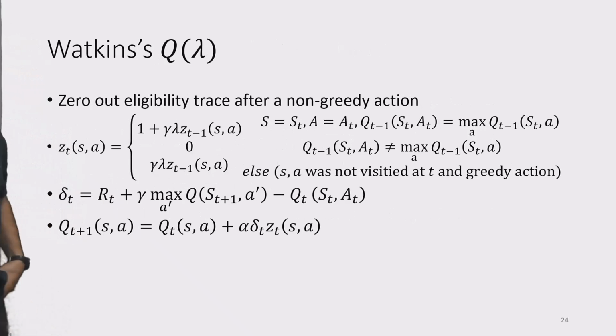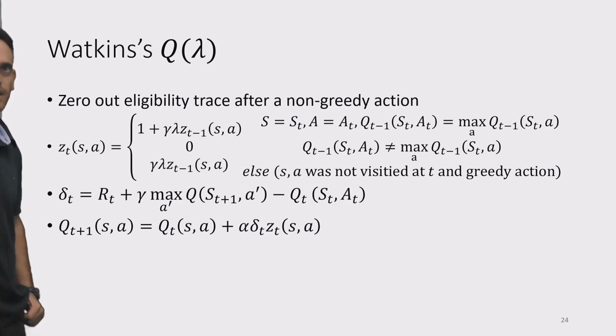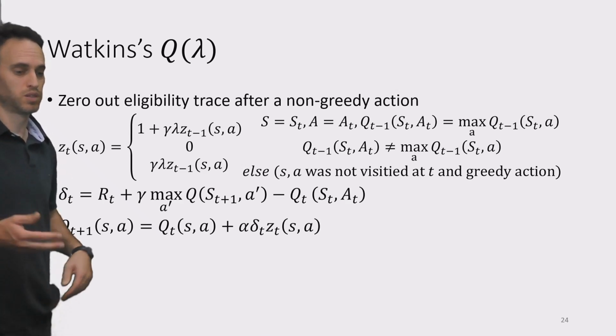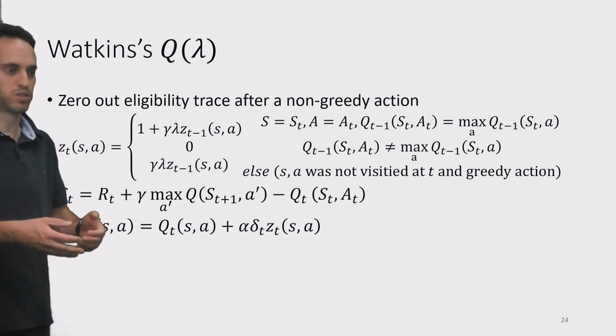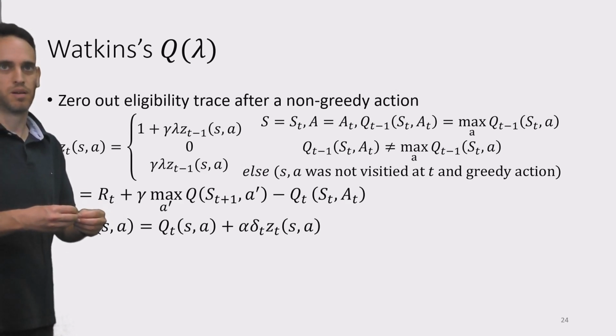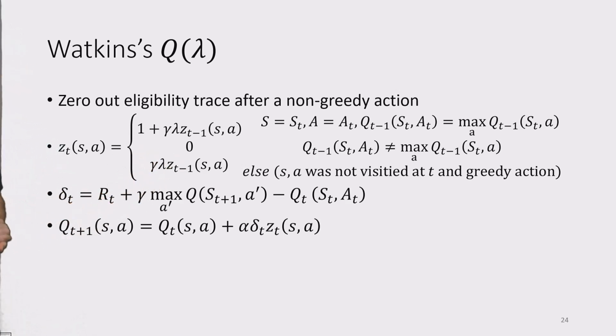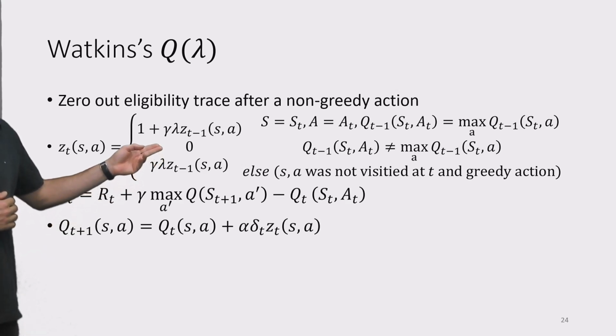And so there are several options here. Some of them are pretty simple, some of them are a bit more complex, but I would say the most straightforward approach would be to simply zero out the eligibility after a non-greedy action is taken. So once you detect that you are off policy, right, we take an action that is not based on our current maximizing Q values policy, we take a random action, we simply set all of the eligibilities to be zero.